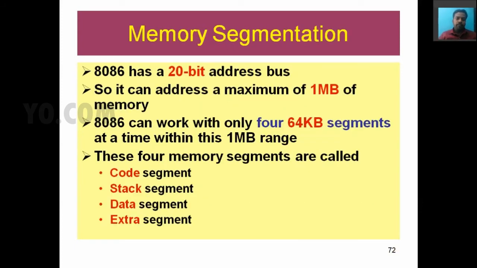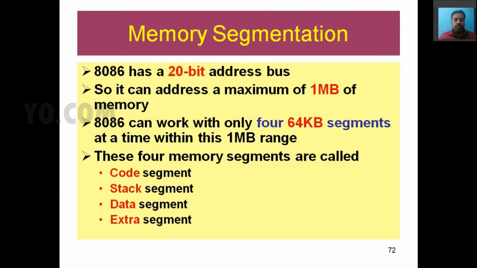Then memory segmentation. How is the memory segmented in the 8086 microprocessor? The memory segmentation is based on the address bus. The 8086 has a 20-bit address bus and a 16-bit data bus.